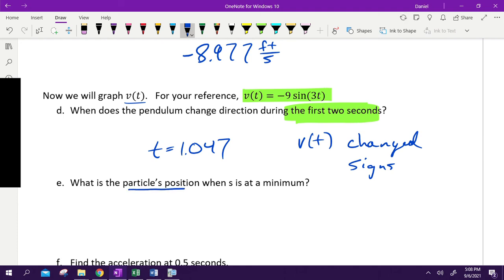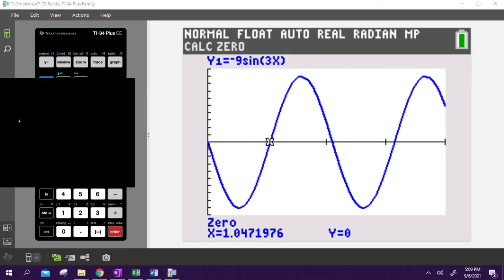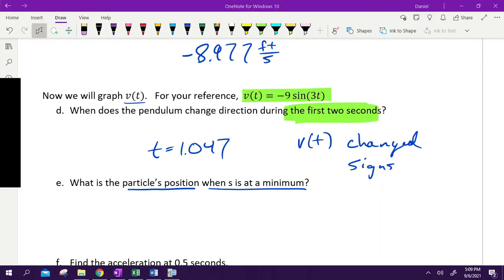What is the particle's position when s is at a minimum? Well, looking at this velocity graph, what would I want to know if I am at a minimum? So think about that.